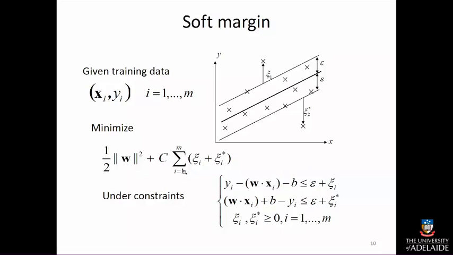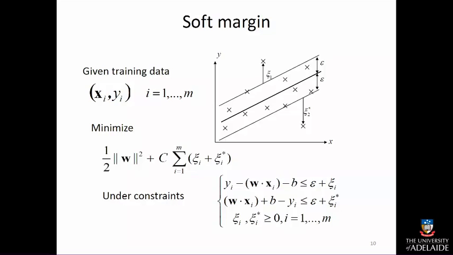We introduce two sets of slack variables, two slack variables for each data point. And we constrain these slack variables to be non-negative. Again, this is the same as in the case of classification.